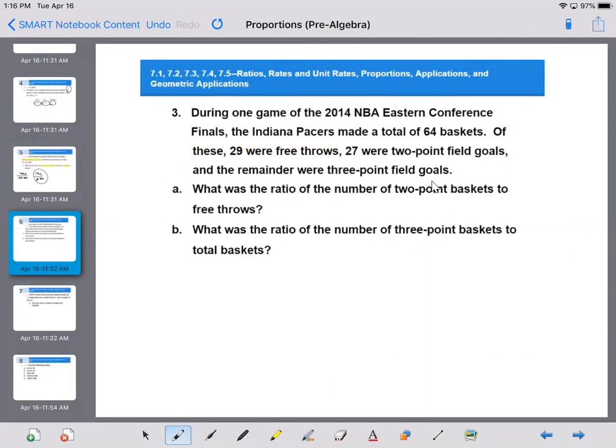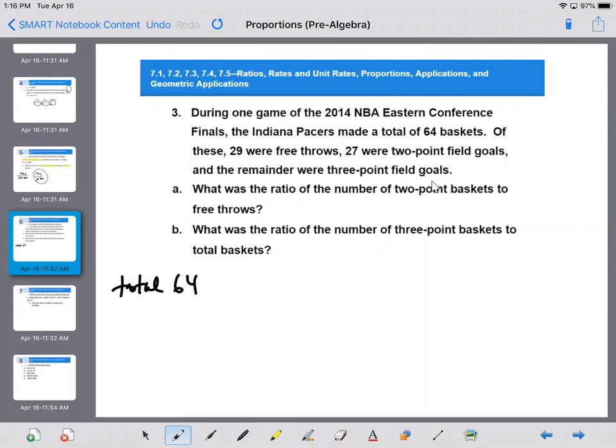Here's one with basketball. Of these, you've got 29 free throws, 27 were 2-point field goals, and the remainder were 3-point field goals. What's the ratio of the number of 2-point baskets to free throws? Well, we had a total of 64.